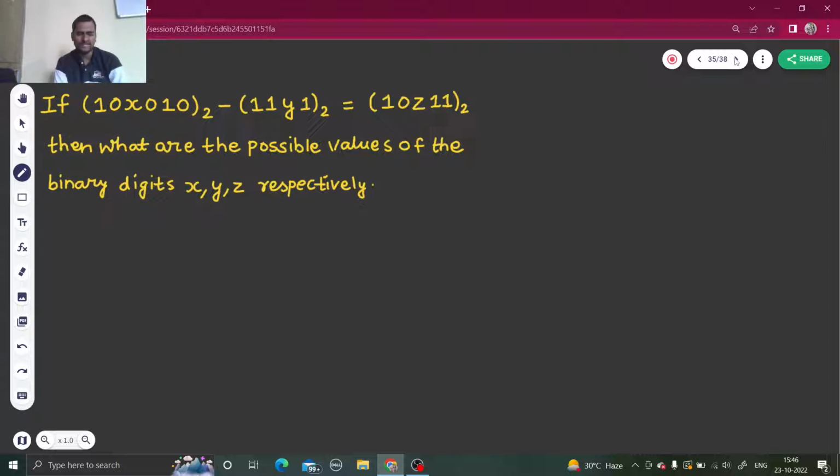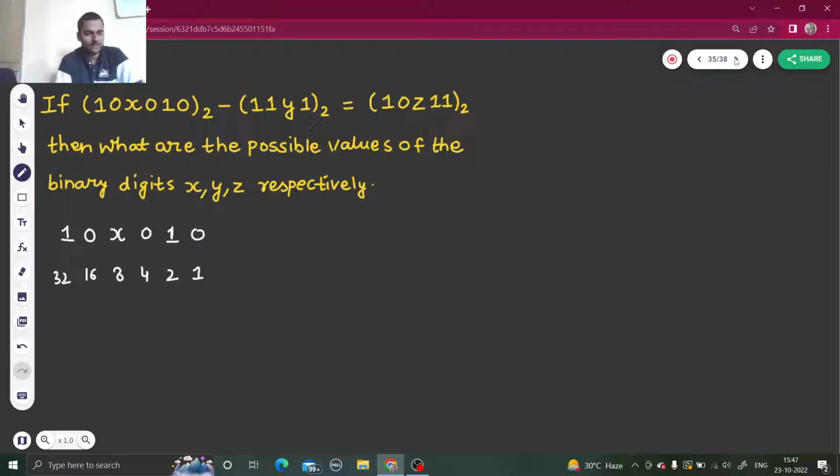You multiply the rightmost digit with 2 power 0 and then 2 power 1, 2 power 2 and so on. So let's write this in detail. 1 0 x 0 1 0. So you multiply this by 2 power 0 which is 1, then this by 2, 4, 8, 16 and 32.